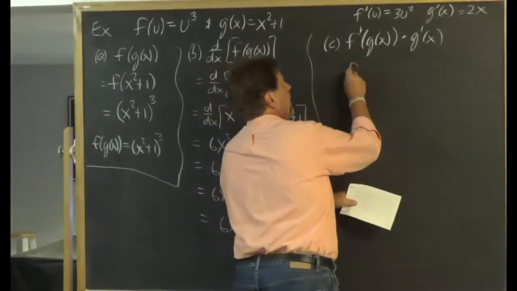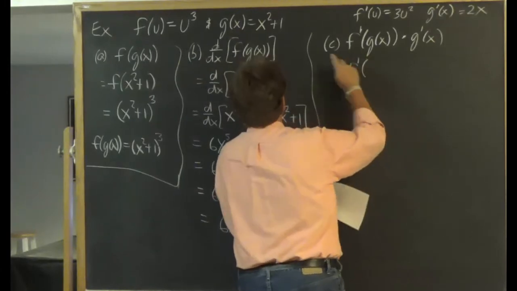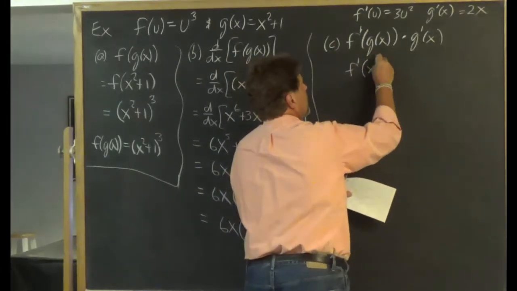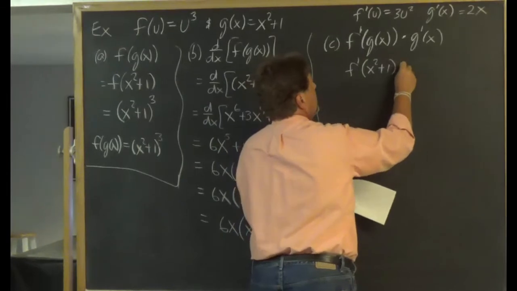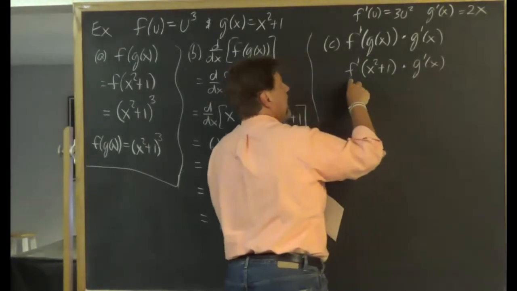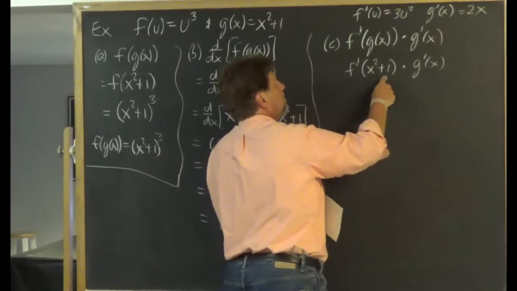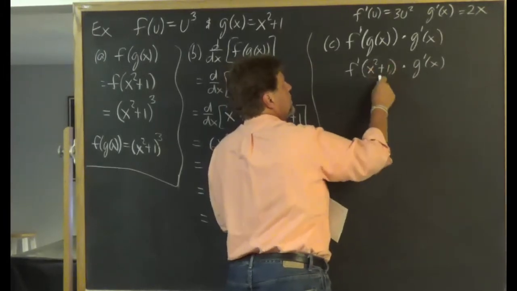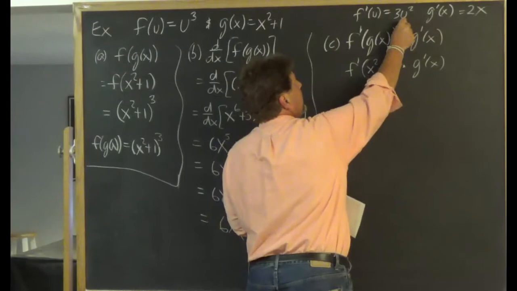So we need to find the f prime of g of x. Well, that's the f prime of g of x, which is x squared plus 1. And then the f prime of x squared plus 1, well, we take x squared plus 1 and we put it in here to f prime.